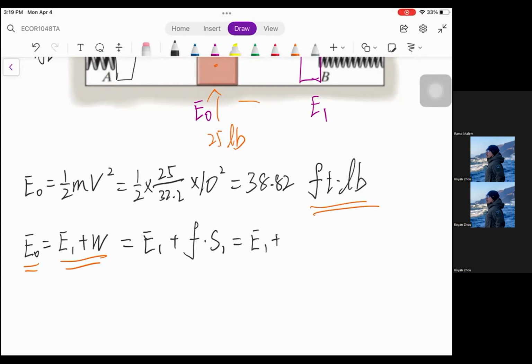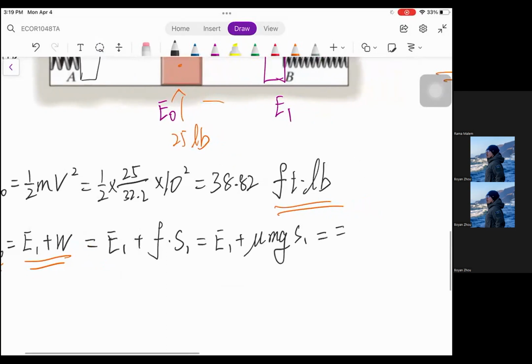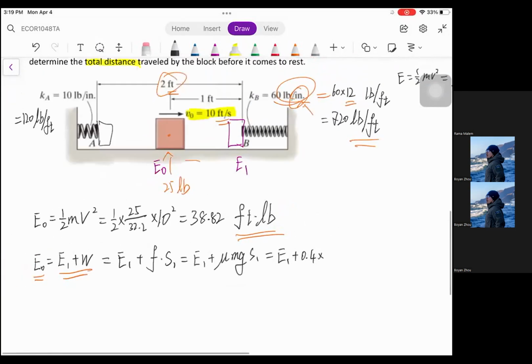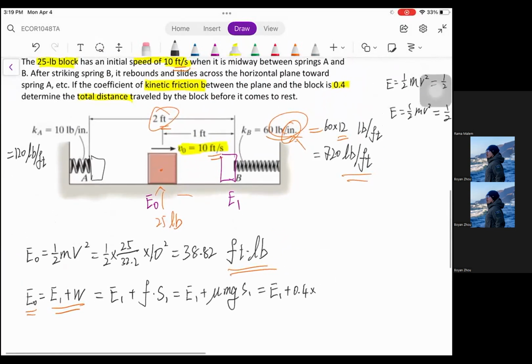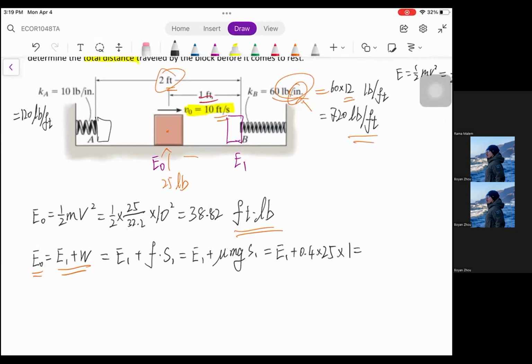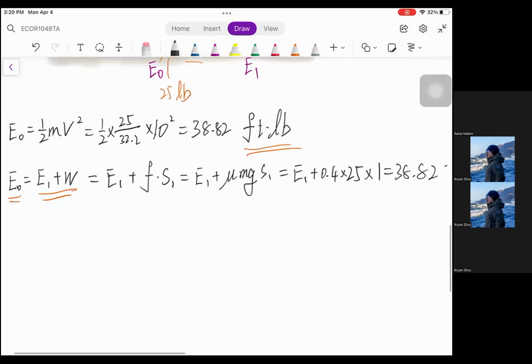So it's E1 plus mu mg S1, where the friction coefficient is 0.4, times the weight of the block, 25 pounds, times the distance from E0 to E1, which is 1 foot. So 0.4 times 25 times 1, and that is equal to E0, which is 38.82 foot-pound.